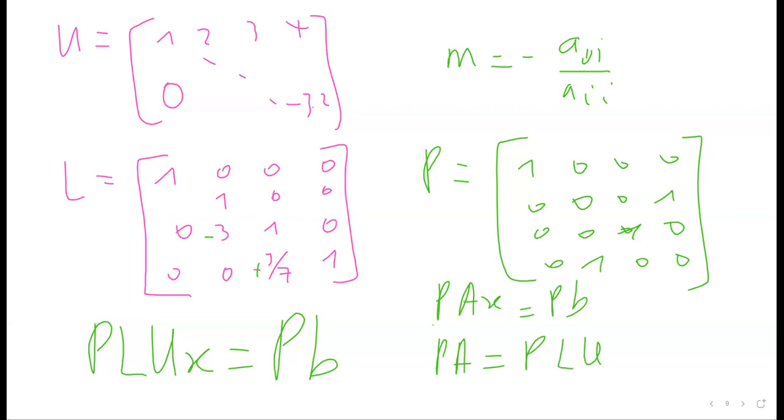Sorry, I don't need a P there. Also, here I need a P. So that means that the L that is obtained there was a multiplication, PAX.